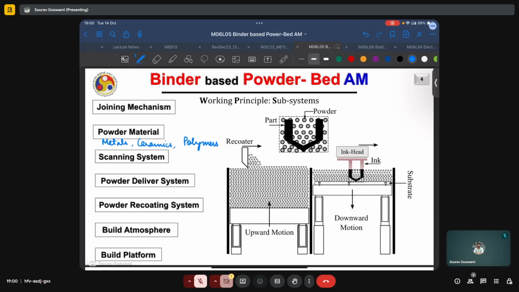The build atmosphere will typically be ambient. It will be open to atmosphere, and it is one of the advantages associated with this process, and the build material will be similar to other powder bed based AM processes. In some cases, it may also be flexible to ensure easy removal of the printed part from this build substrate.